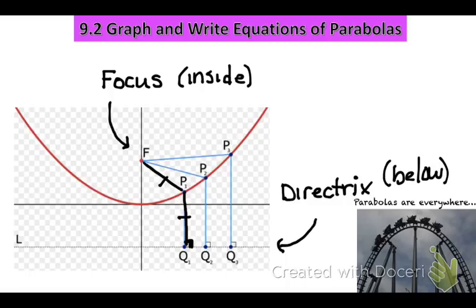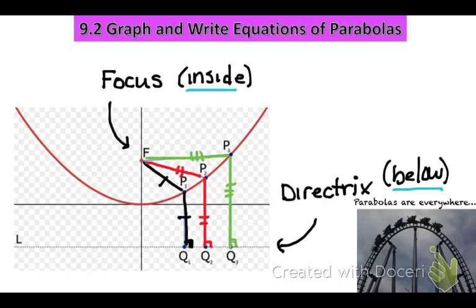Our eyes play tricks on us. It doesn't look like these diagonal lines are the same distance, but if you take out a measuring tool and pause the video, you'll see that they truly are. So I mentioned that the focus is on the inside and the directrix is below. That was one key point. Second, the distances from the focus to the parabola and the parabola to the directrix are congruent.